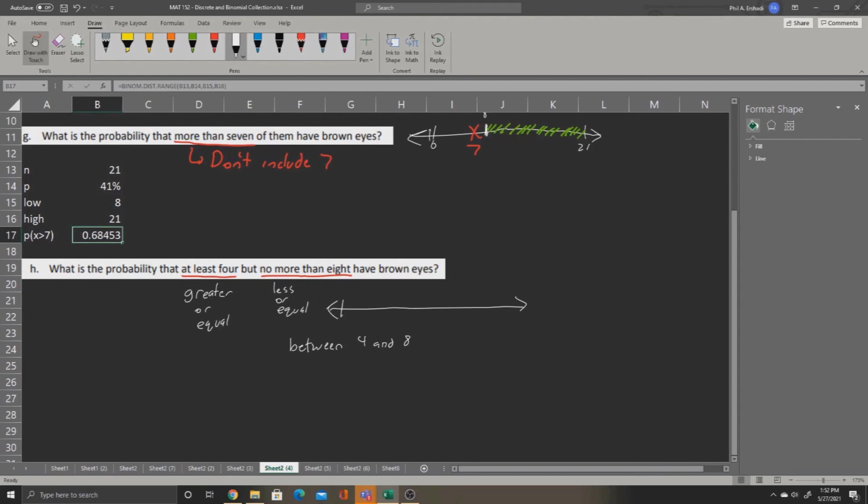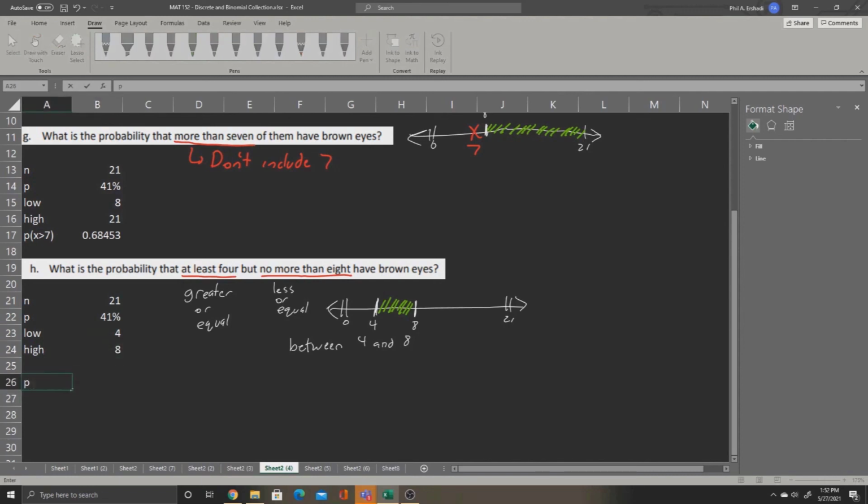If we draw a picture for this, first we place our 0 and our 21, but we want to be between 4 and 8. It says greater than or equal to 4, less than or equal to 8, and that means we are going for the region in between. So we'll have our n, p, low, and high. n is still 21, p is still 41%, low is now 4, and high is now 8.